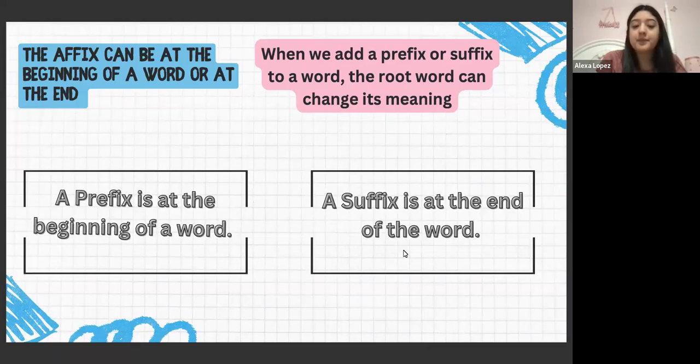Those couple letters can be combined at the beginning of a word. And a suffix is at the end of the word. Okay, so make sure you write down what a prefix is and a suffix, okay? And then give me a thumbs up when you're ready to move on. Okay, I see that everyone is done.